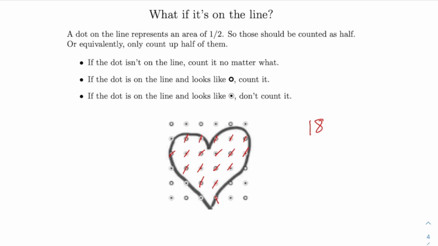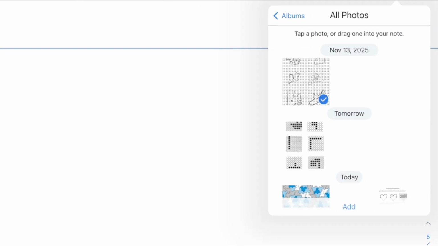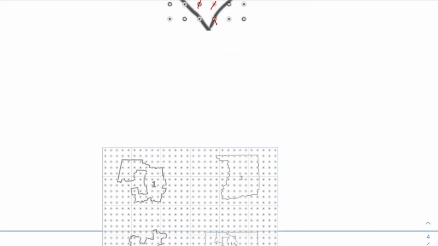Maybe I'll do a couple of them and then I will let you guys try the rest. This does involve counting some dots, which I know is a bit annoying and can drive you crazy if you do it for hours at a time. I'm not going to make you do it for hours at a time. All right.